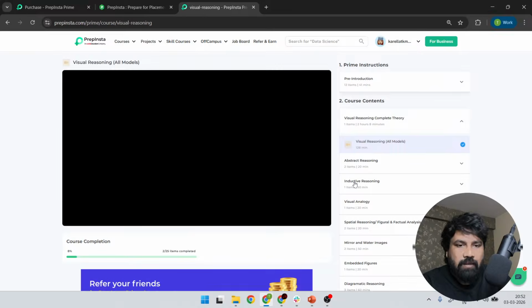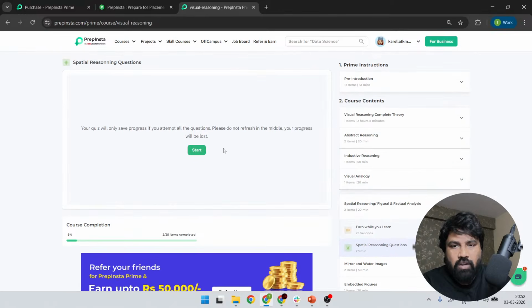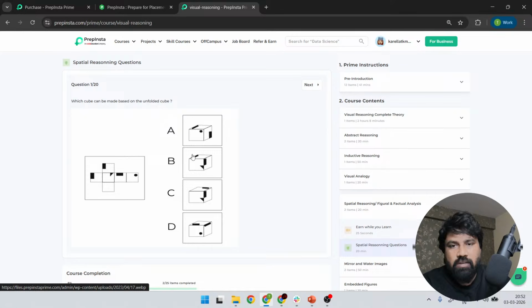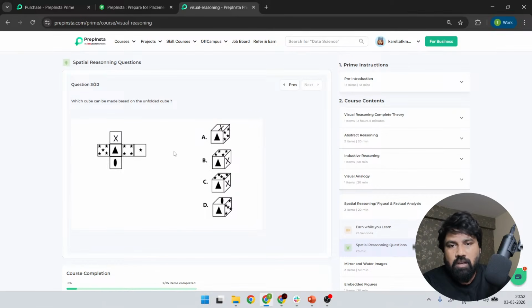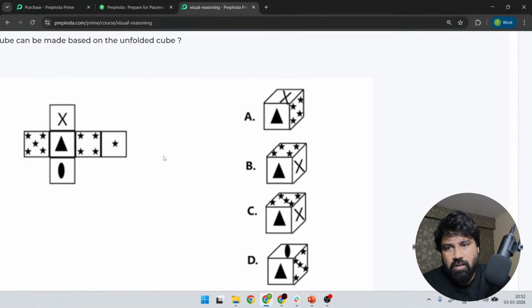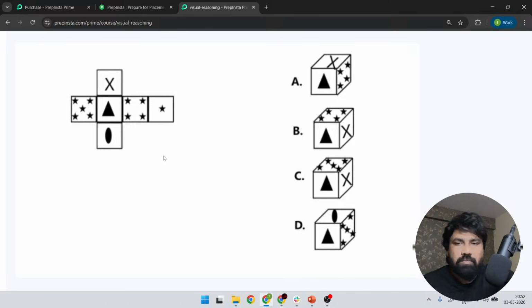Go to visual reasoning and go to spatial figures, and if you click on it and start the examination, they will give you this type of problems, guys. For example, in order to understand, I have taken this problem. See, I told you, right? 4 figures, if the horizontal line is there, you have to map them.